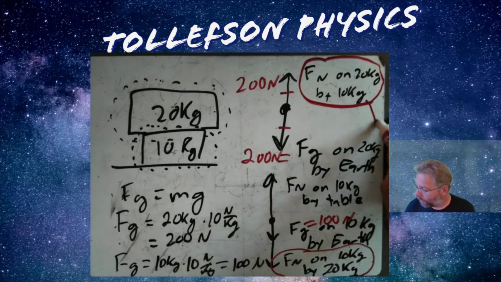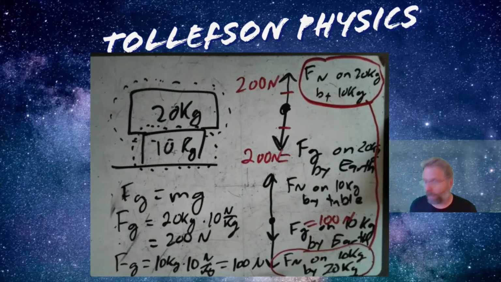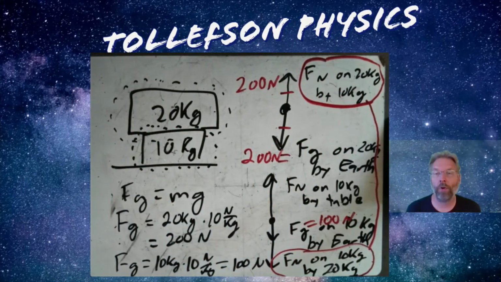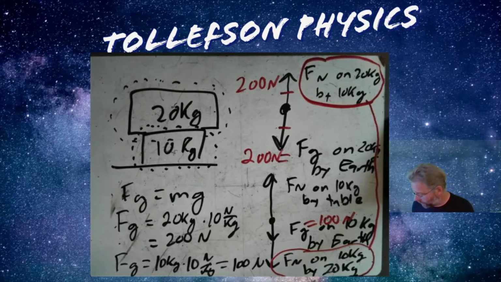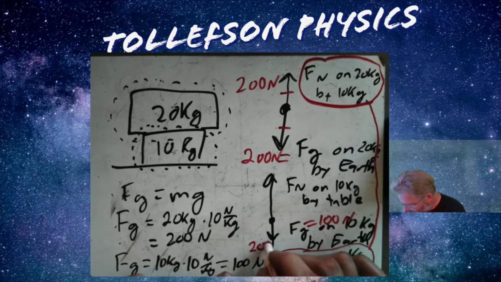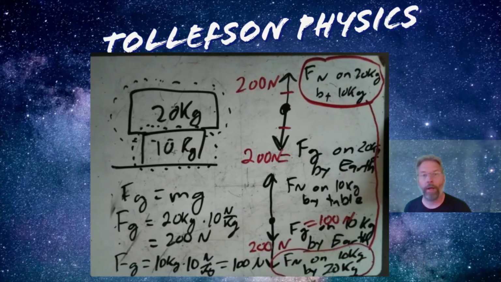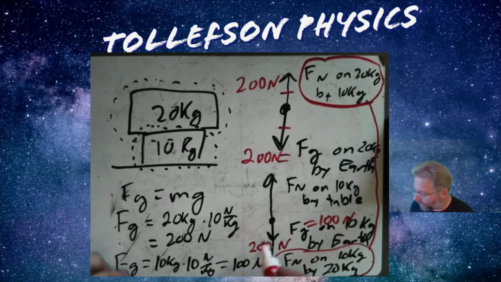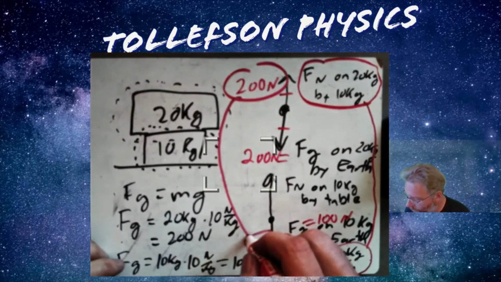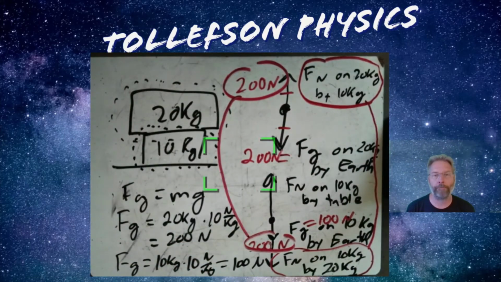These two are related to each other because those are the two blocks that are touching each other. So if the top block has a normal force that it's exerting on the bottom block of 200 newtons, then down here, and I don't have a lot of room, I think I'll write it here, this down arrow must be 200 newtons because this equals this. That's my Newton's third law pair.